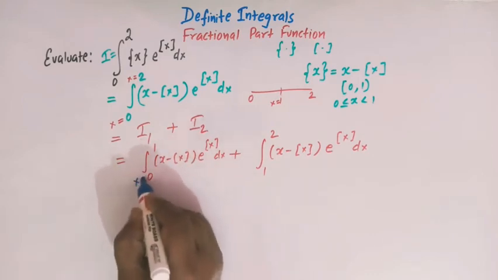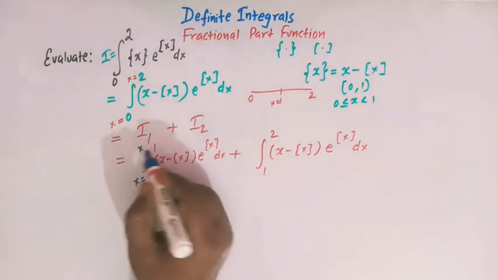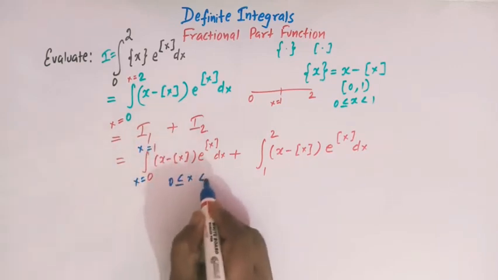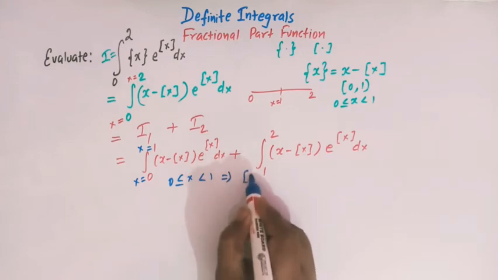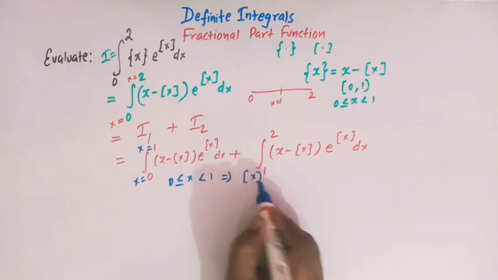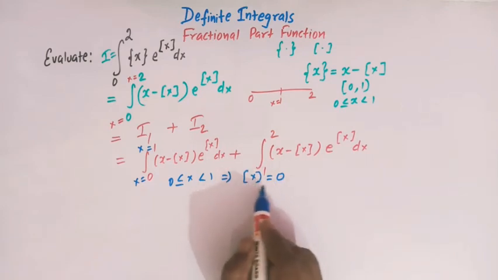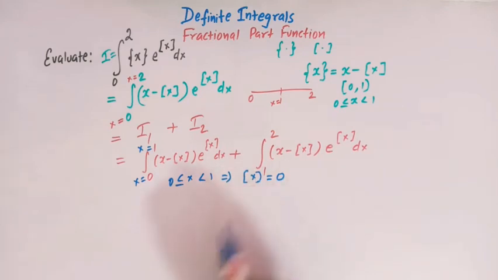Now let us assign the value of the greatest integer function. When x varies from 0 to 1, the value of greatest integer of x is equal to 0, due to the definition of the greatest integer function.